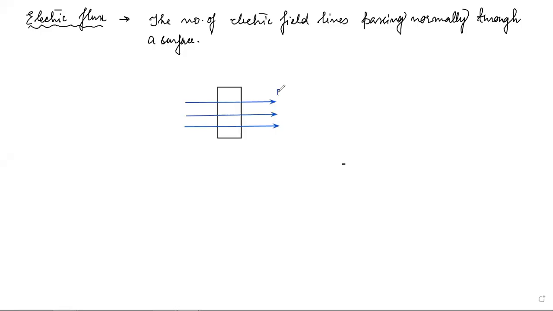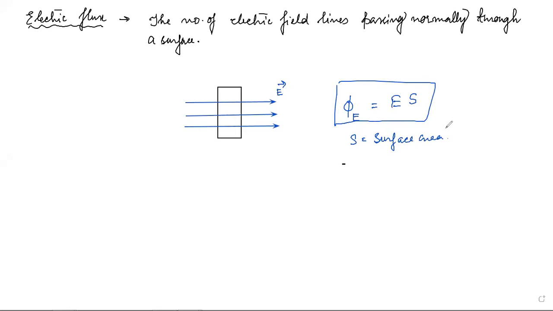The electric field intensity due to these electric field lines is given by E. Then the electric flux, which is represented as phi E, is equal to the electric field E times S, where S represents surface area.